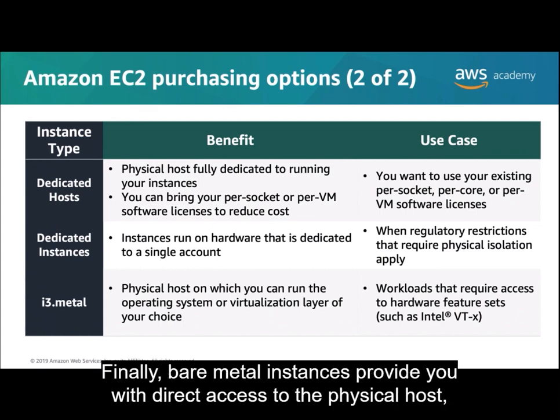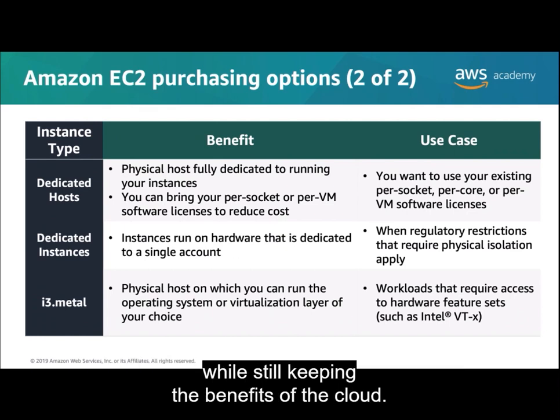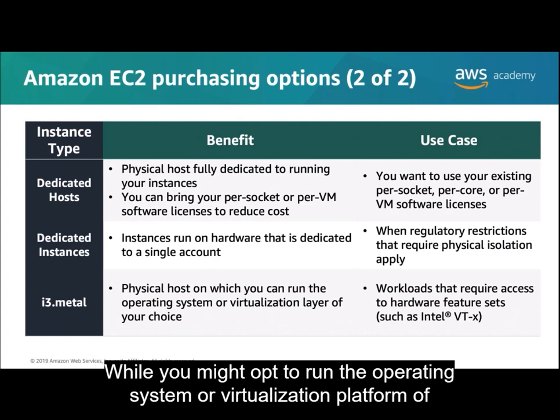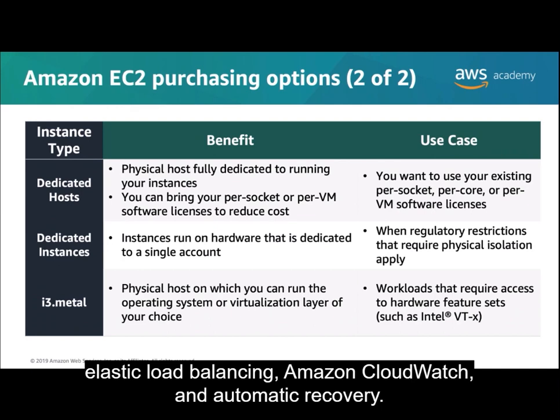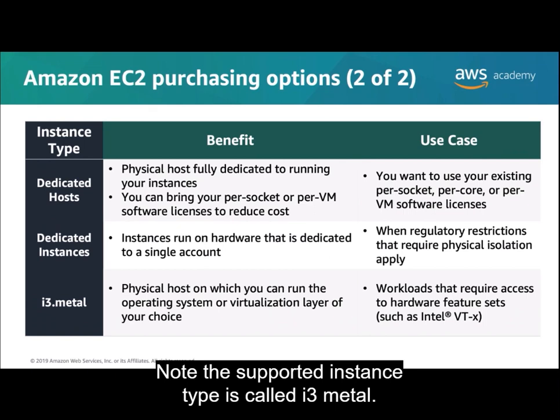Finally, bare metal instances provide you with direct access to the physical host while still keeping the benefits of the cloud. While you might opt to run the operating system or virtualization platform of your choice, you can also continue to use features like Amazon EC2 auto-scaling, elastic load balancing, Amazon CloudWatch, and automatic recovery. Note the supported instance type is called i3 Metal.